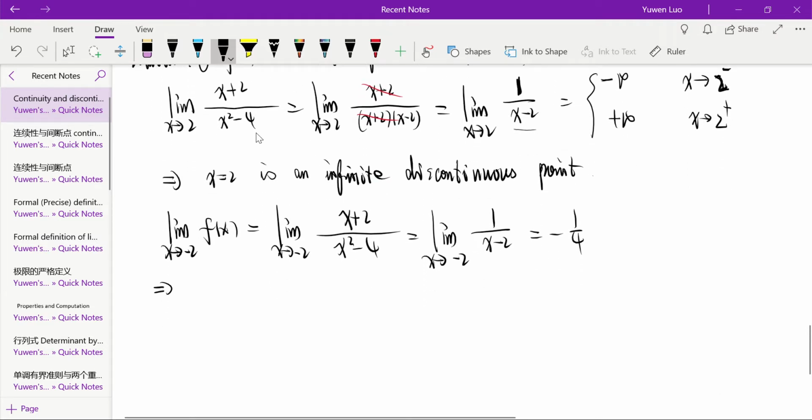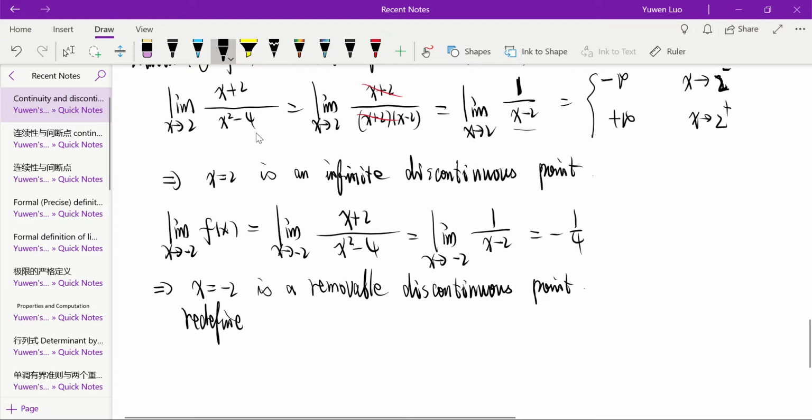So x equals negative 2 is a removable discontinuous point. And we redefine f(negative 2) equals negative 1/4. Then f(x) is continuous at x equals negative 2.